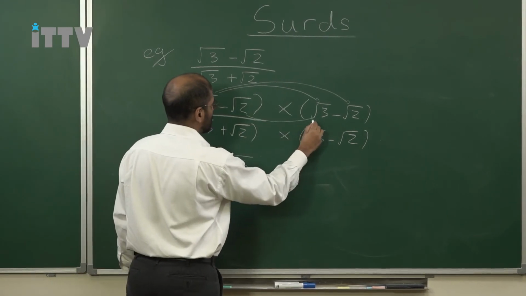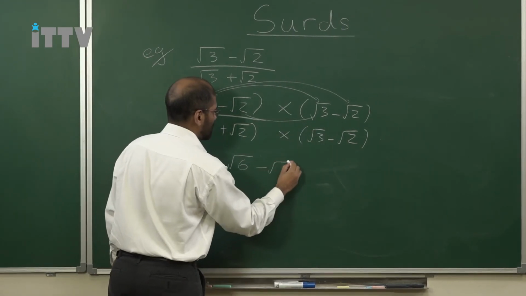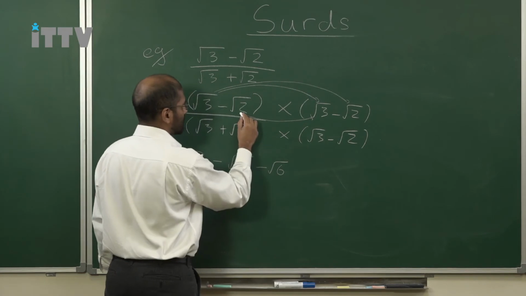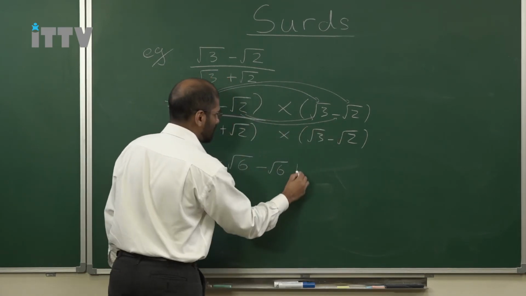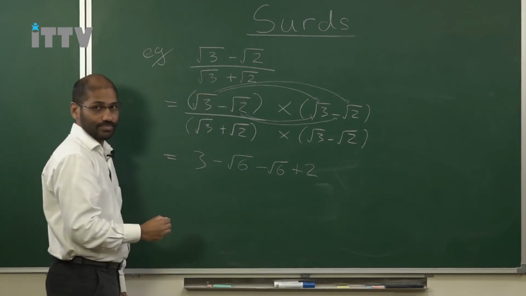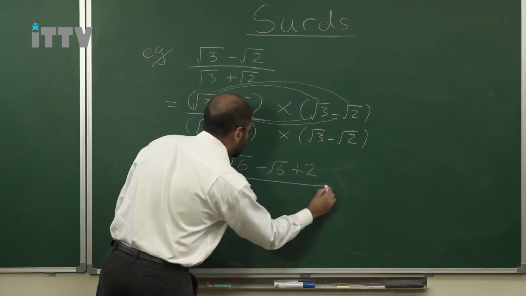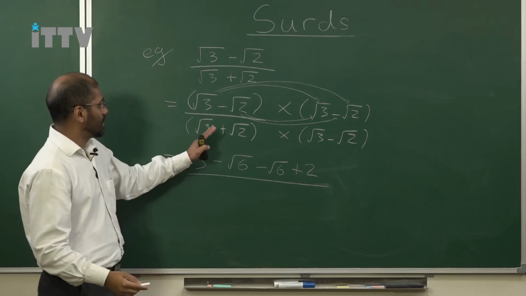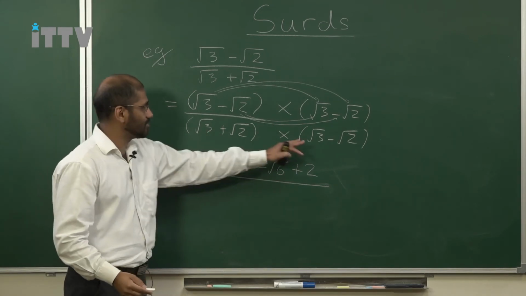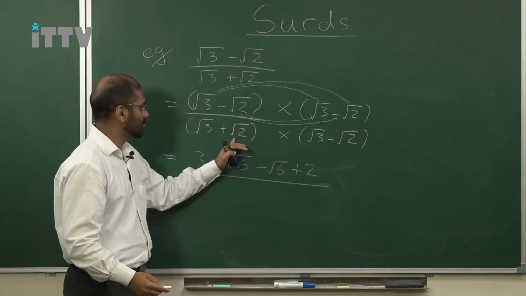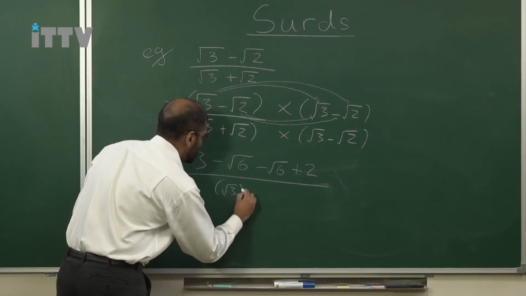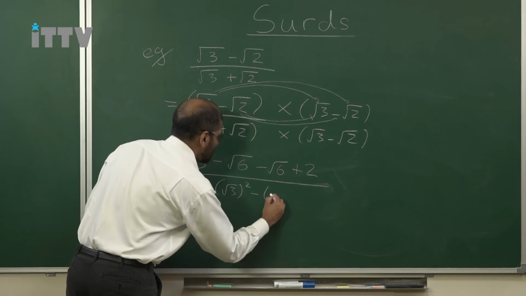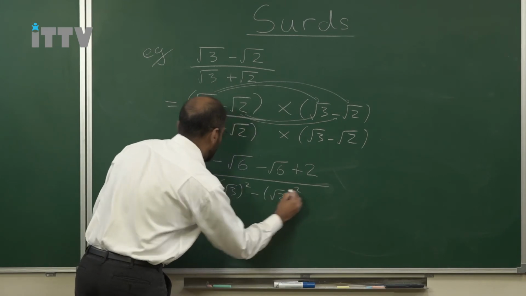Surd 2 into surd 3 will give us another minus surd 6, and minus surd 2 times minus surd 2 will give us a plus 2, divided by, again applying a squared minus b squared, because this is a plus b, a minus b, we have surd 3 squared minus surd 2 squared.